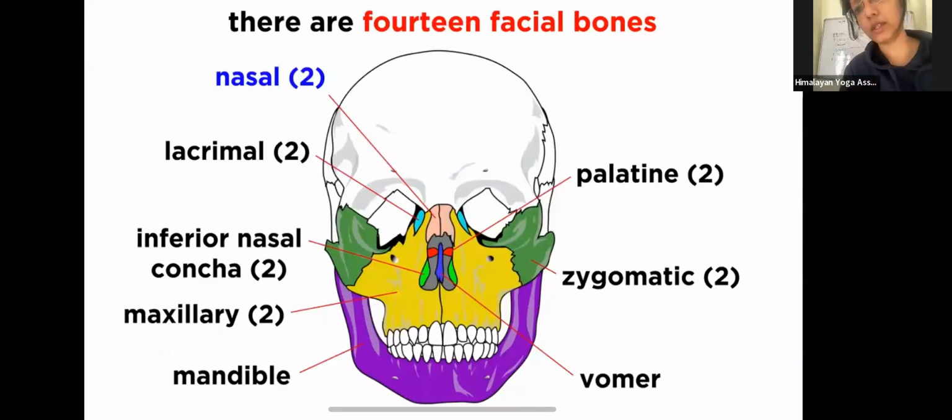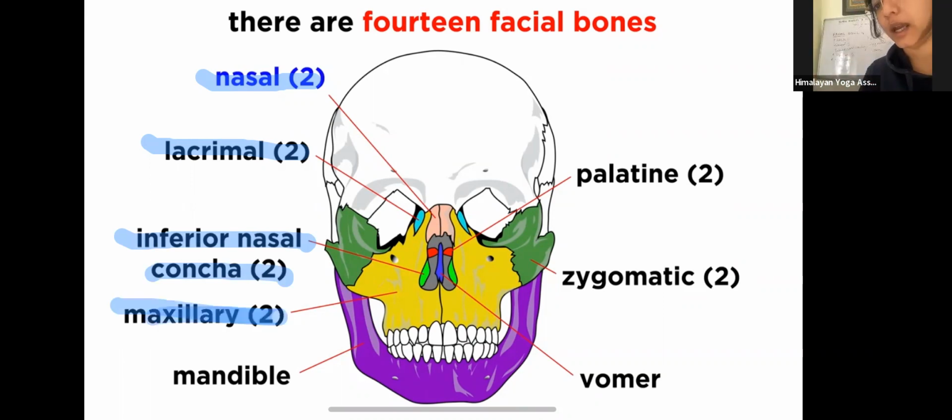So here we see there are 14 facial bones. Two are nasal. This skin color bone in pair is called nasal bone. Then we have lacrimal bone, this bottle green color that we see. Then we have inferior nasal concha in pair, this green color at the tip of the nose. Then we have maxillary in pair.